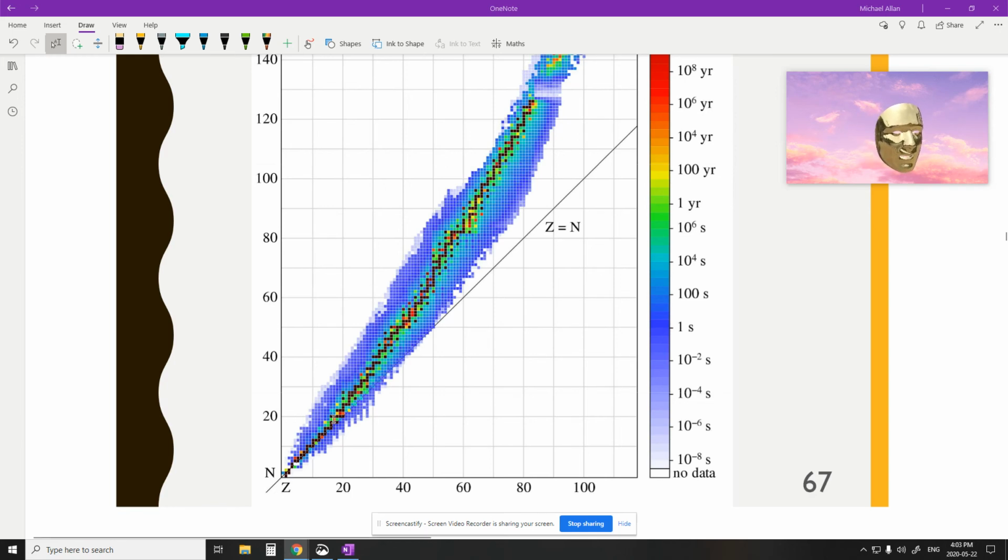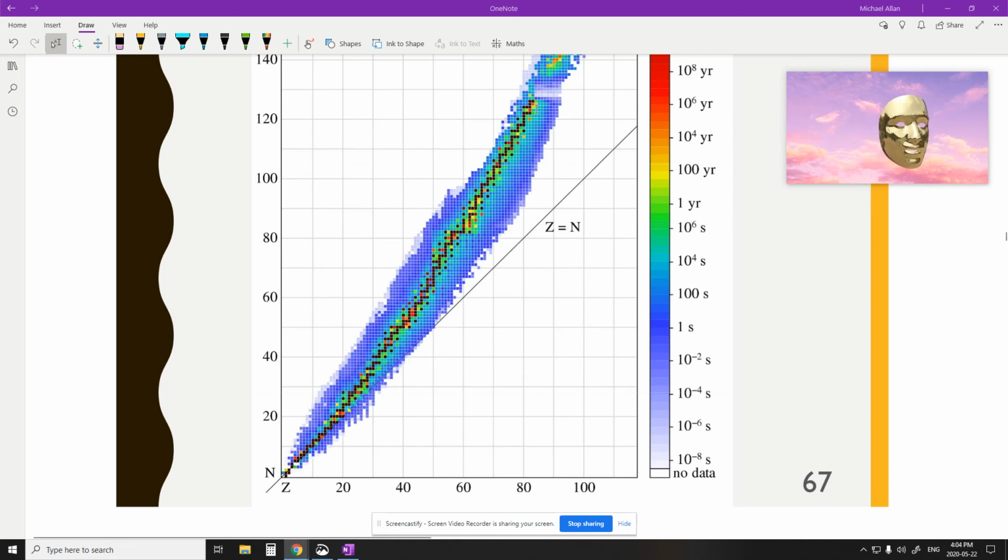At this point at 20, you'd have to keep increasing the number of neutrons to hold it together. Eventually it gets to a point where no matter how many neutrons I throw in there, I'm never going to get a stable element, because now the protons are too far apart. They will repel each other, and the strong nuclear force can't hold them together because, remember, the strong nuclear force only acts over a really small distance.